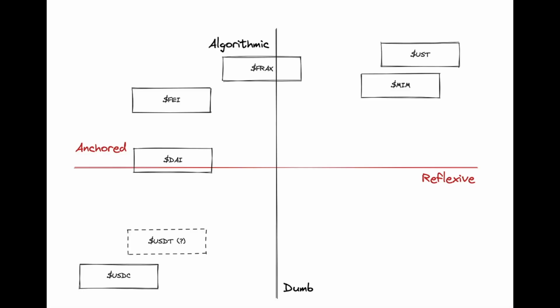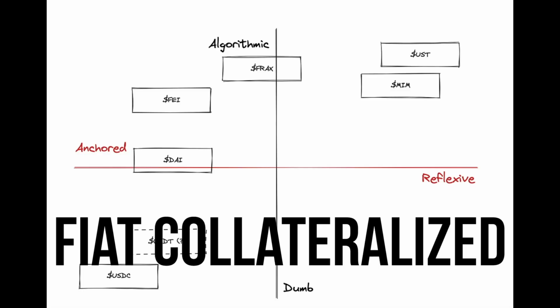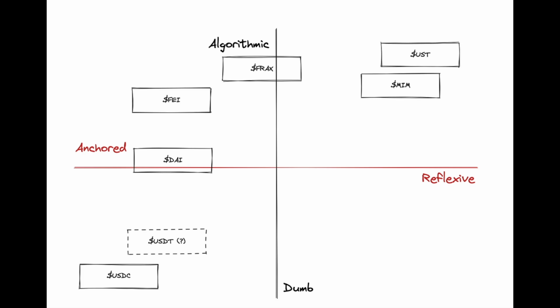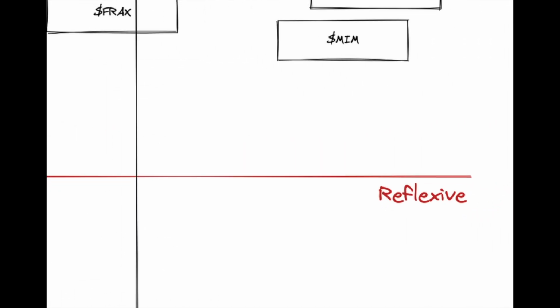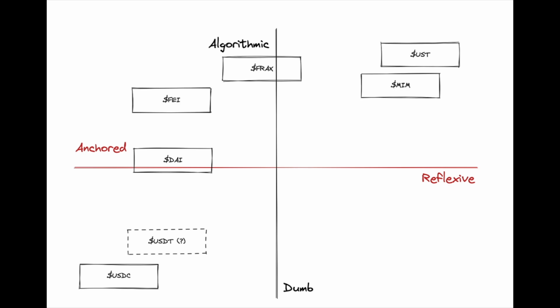Most classically categorized fiat collateralized stablecoins almost all fall into the governed or dumb section since they are dealing with fiat currency and you need a centralized entity to onboard that fiat to the blockchain. You'll also notice on this chart, they have anchored versus reflexive on the x-axis. That's referring to how the collateral type affects the stablecoin, and collateral type is what we're going to cover next.